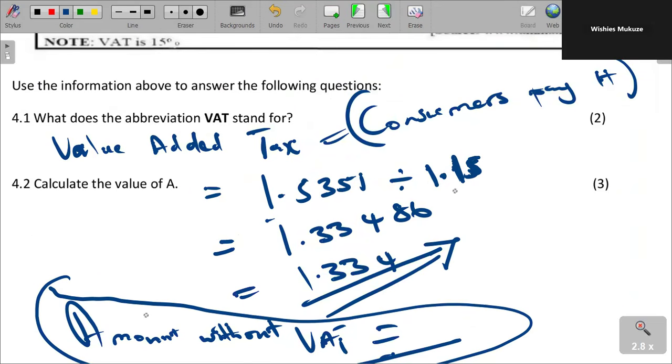That's the same as the 15% VAT that we are talking about. So therefore you can go through that.